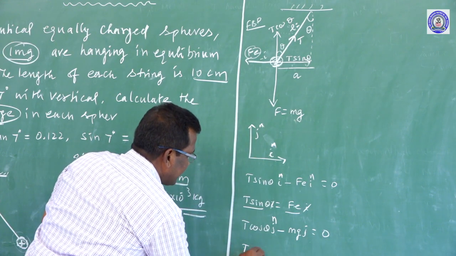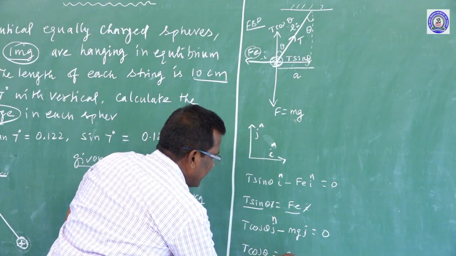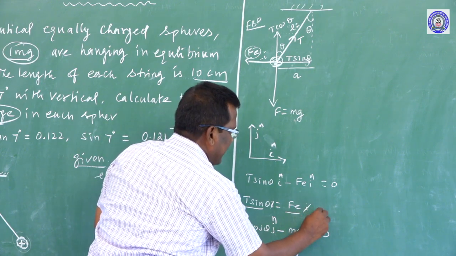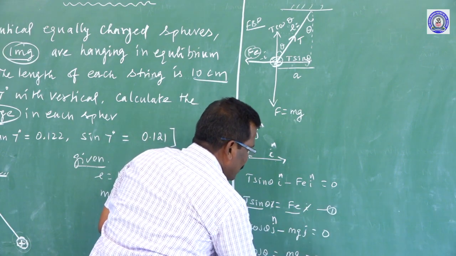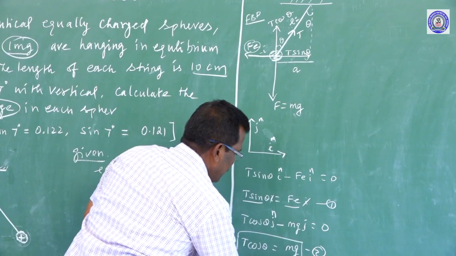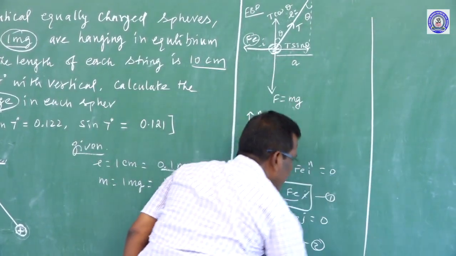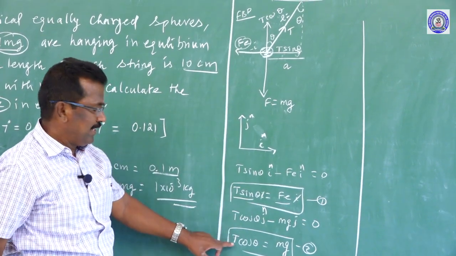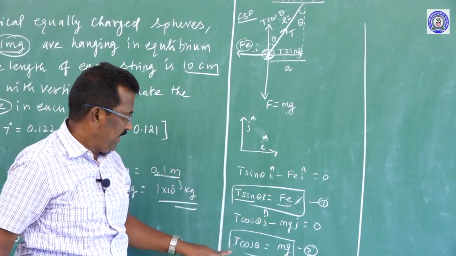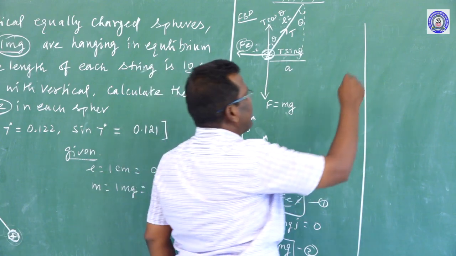So T cos theta is equal to mg. This is equation number 1, this is equation number 2.